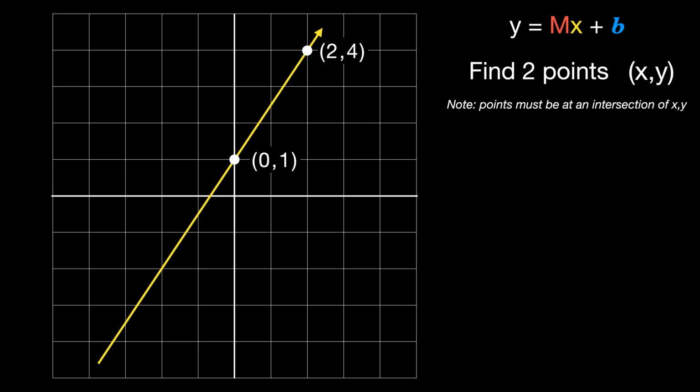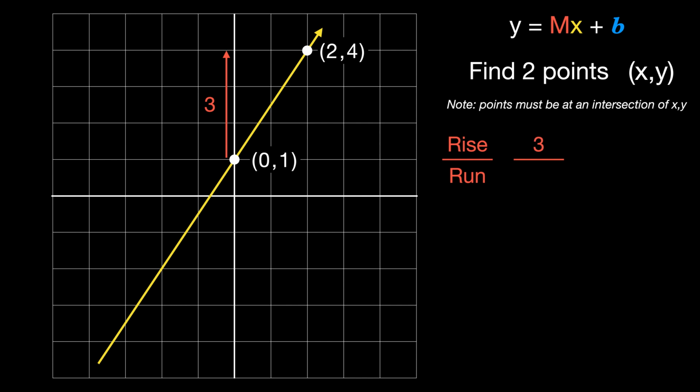So when trying to find the slope of a graph, we're going to find the rise divided by the run. And now that we have our 2 points, this becomes pretty easy. For the rise, from the lower point to the higher point, just count how many it goes up. So it's up 1, 2, 3.